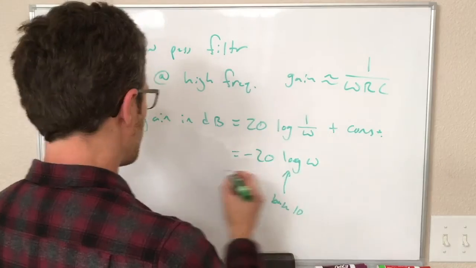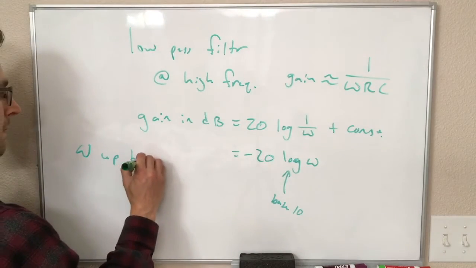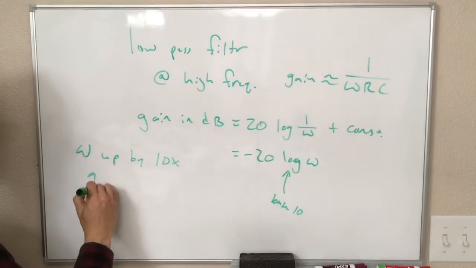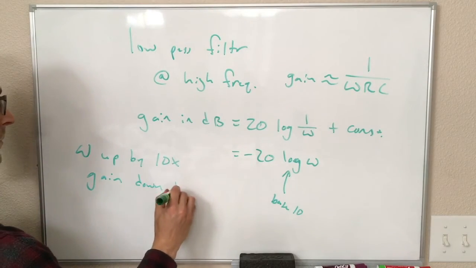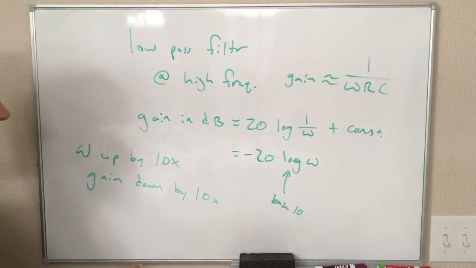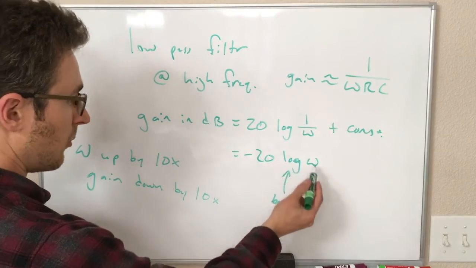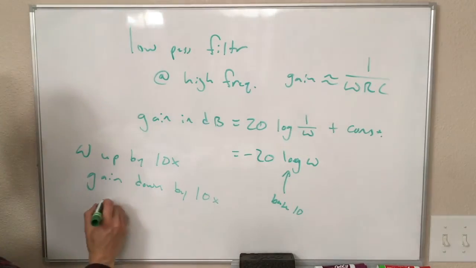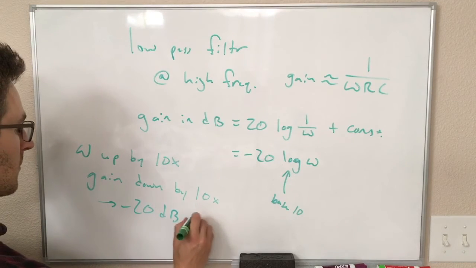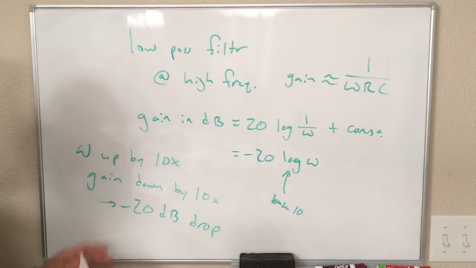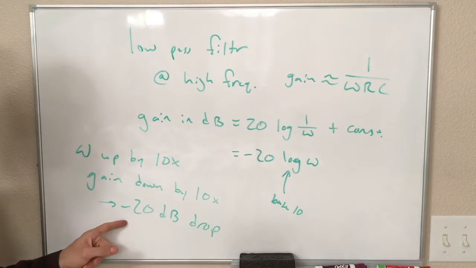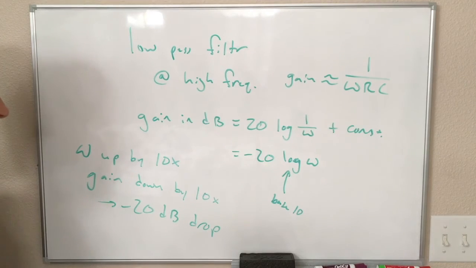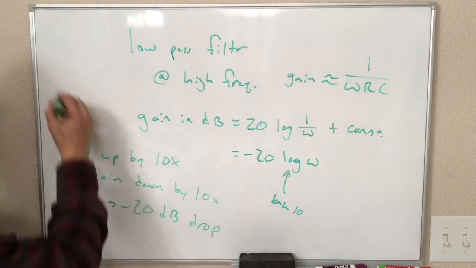So if omega goes up by a factor of 10, our gain in decibels goes down by 20. So each time our frequency goes up by a factor of 10, our gain goes down by 20 decibels, 20, 40, 60, etc.